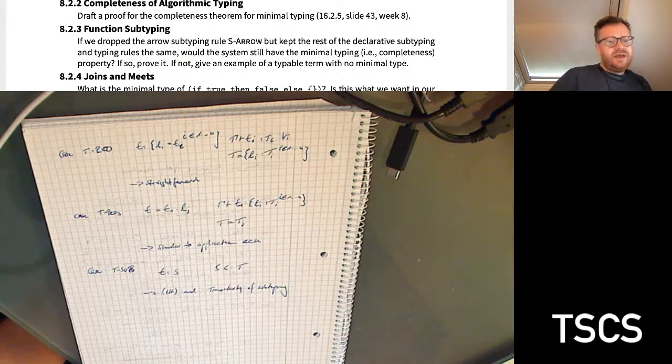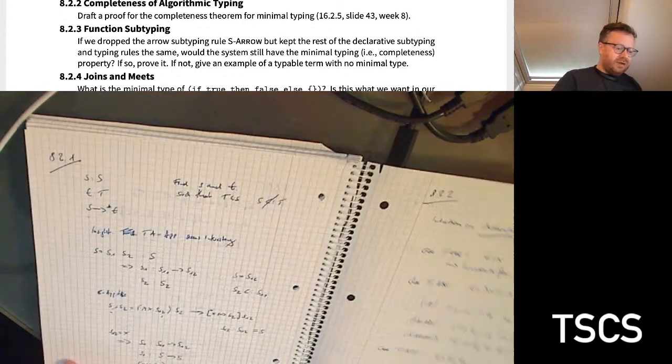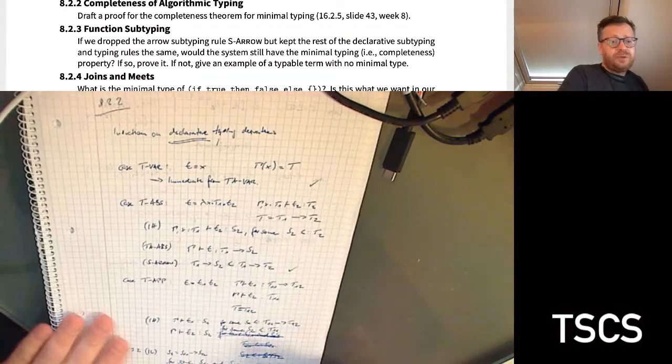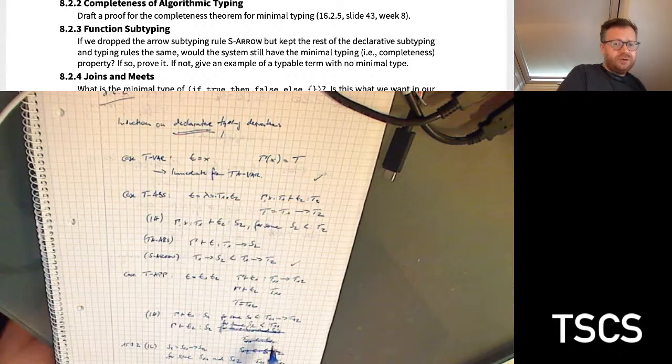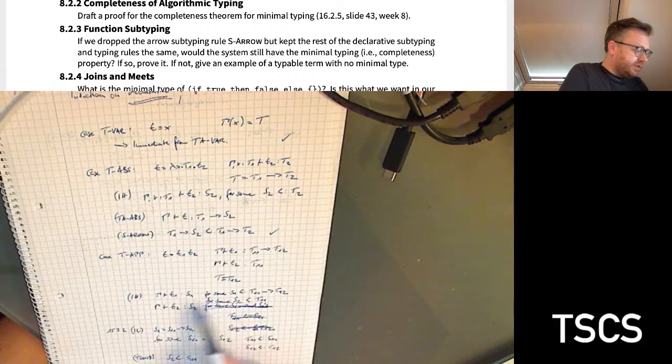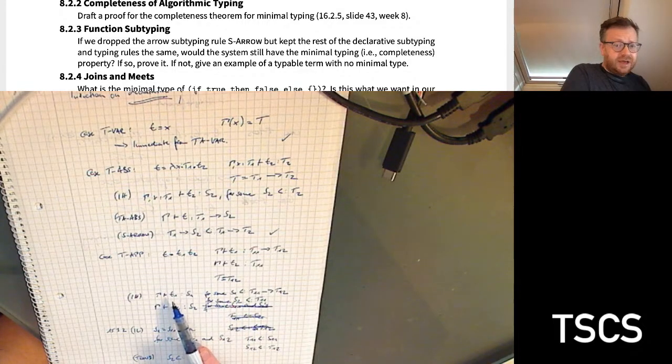Can we also say that S1 is a subtype of T12? In which case are you right now? You probably are in the T-app case. Is that correct? And S1 should be a subtype of T12. Well, no. If you look at this particular point, from the induction hypothesis we say, okay, t1 is of type S1.